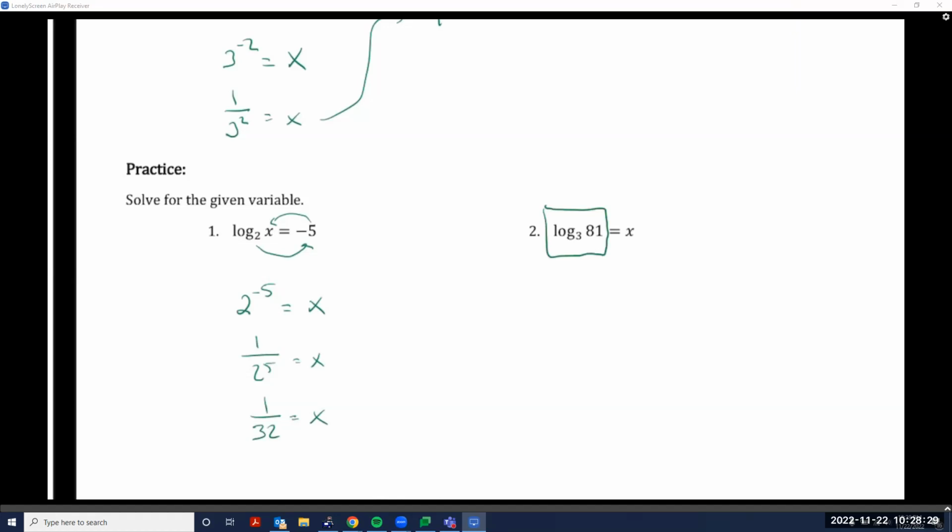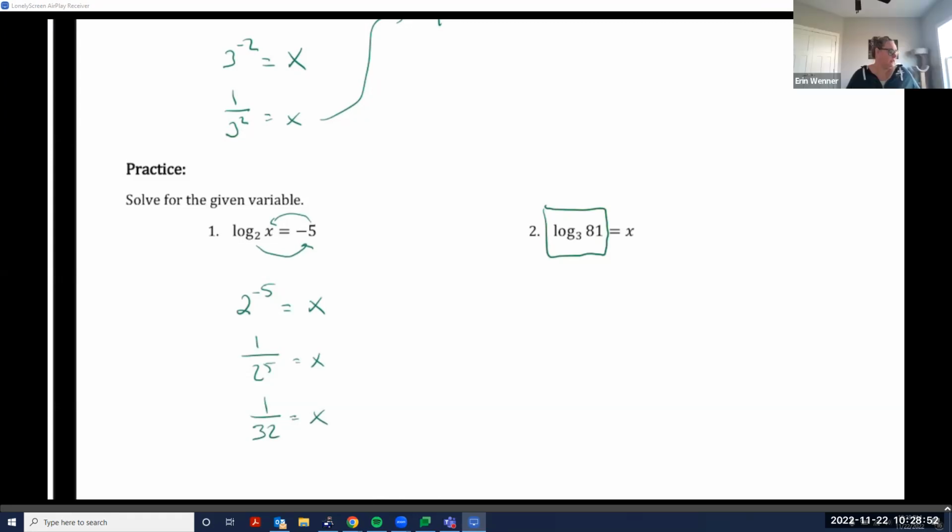I'm just saying, have we dealt with something like log base 3 of 81 before? Ignoring the equals x, have we done anything with that yet? I thought we did a problem like this in the last lesson.